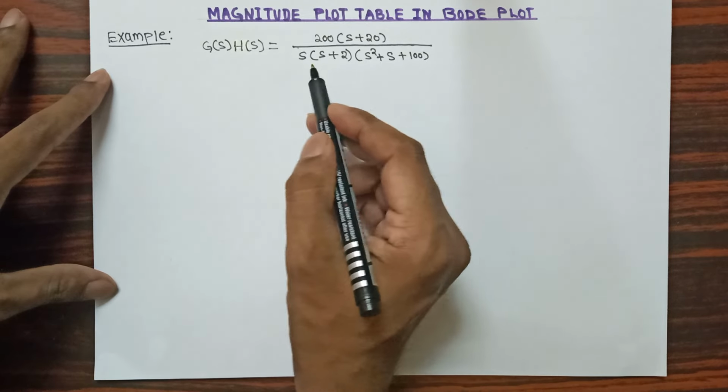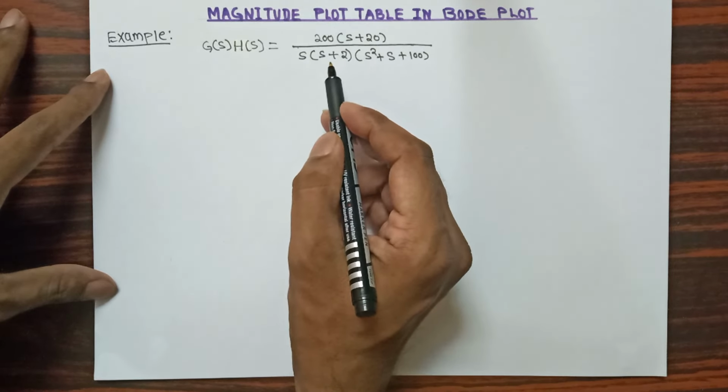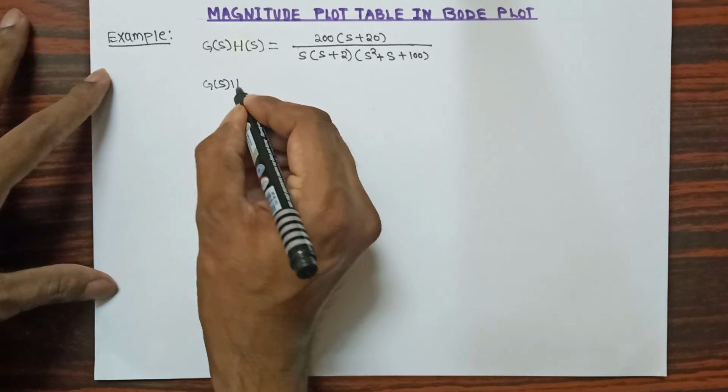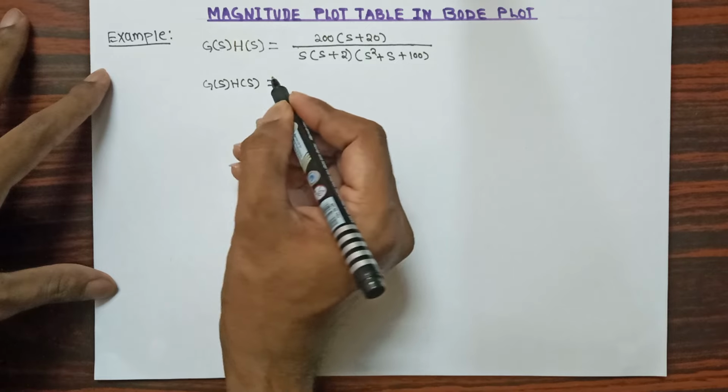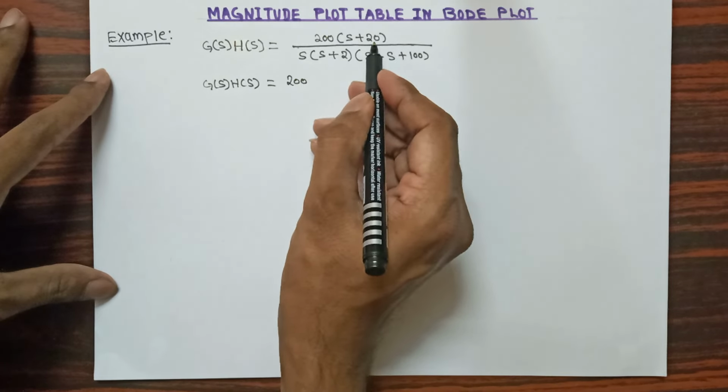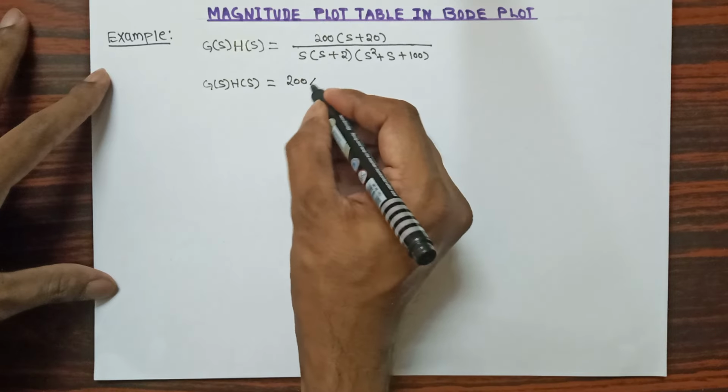So first we are going to get this open loop transfer function into standard form, that is G(s)H(s) is equivalent to 200 as it is, and from this term I am going to take 20 common.